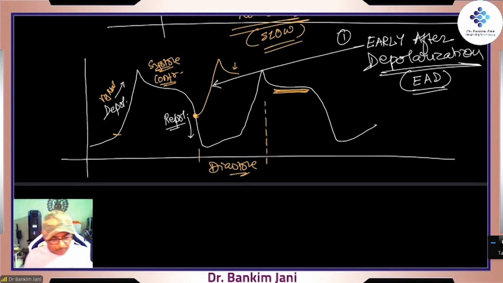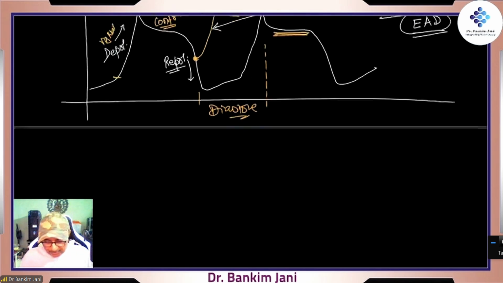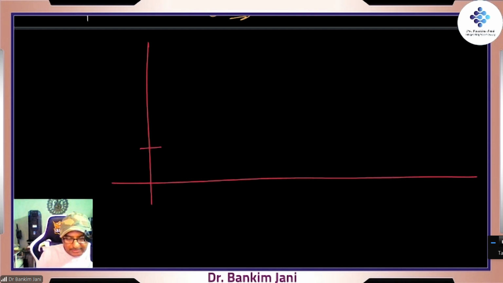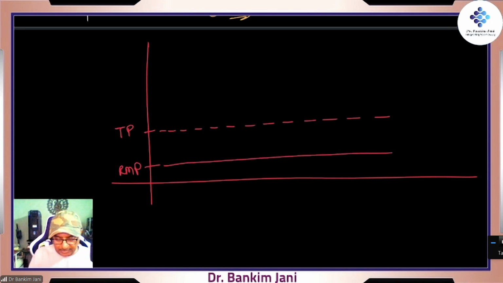Now, let me draw another figure. So this is our, let's say, resting membrane potential, and this one is our threshold potential. We just draw it like this, and here comes the first thing which has occurred: a spike, and it has come down.